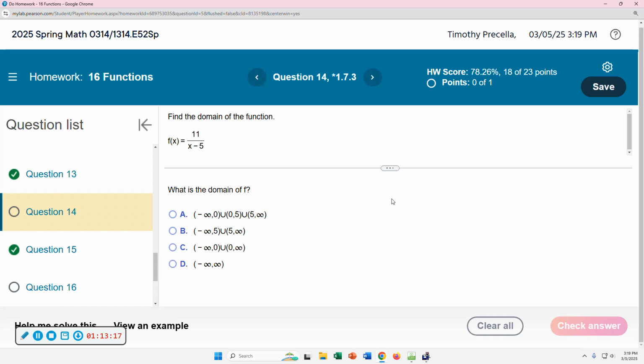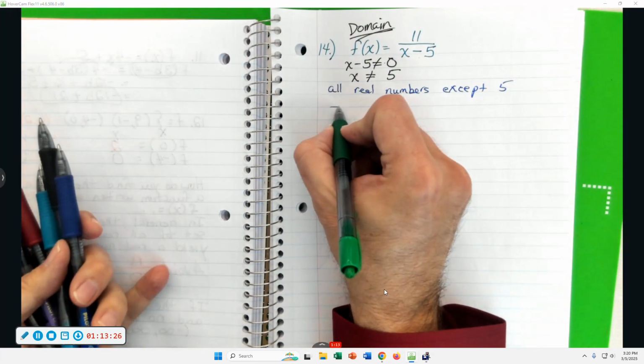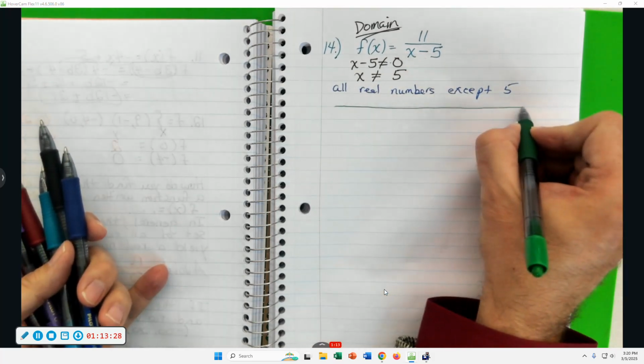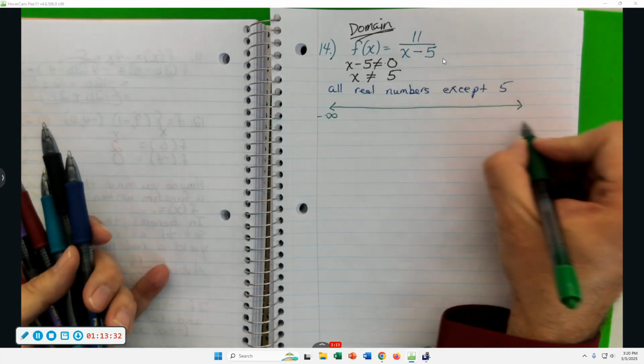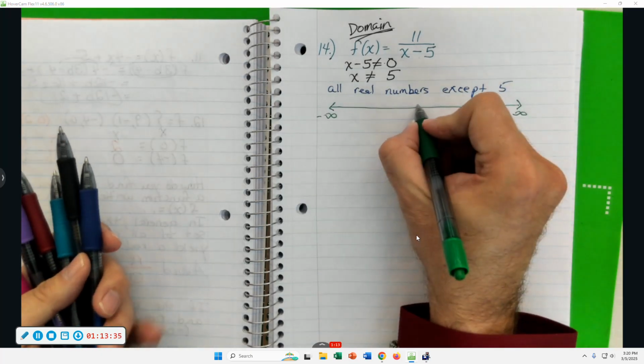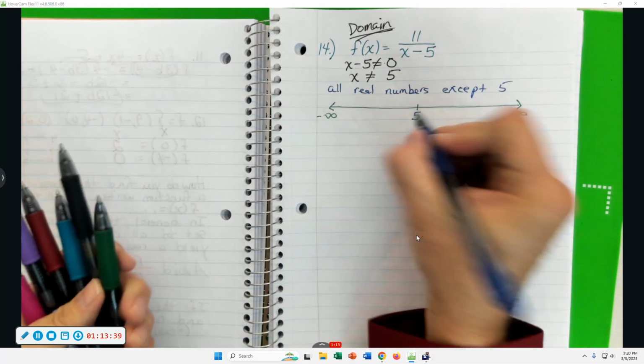Not D. D is every number, negative infinity to infinity. Let me show you what it would look like on a number line. Let's draw a number line and think about it. I'm going to shade every number except 5. Remember, when using the cut point method with denominator cut points, how would we always label them, open or closed?